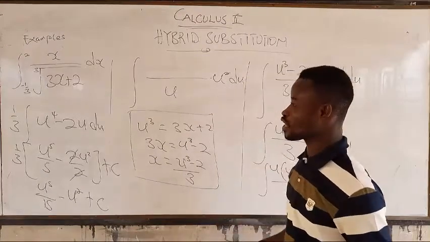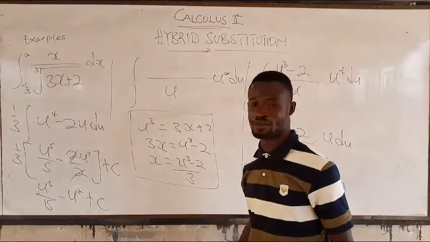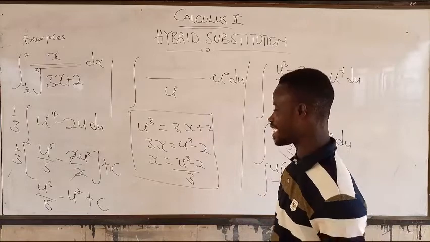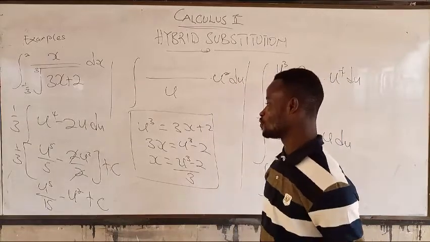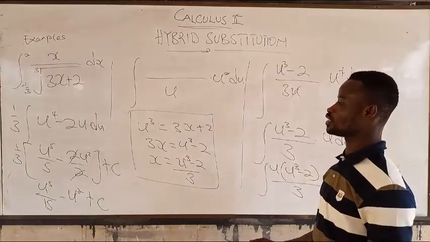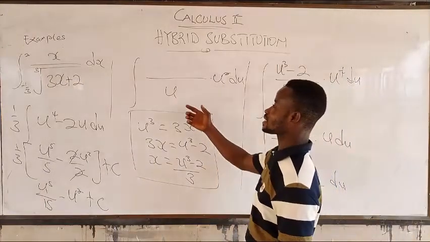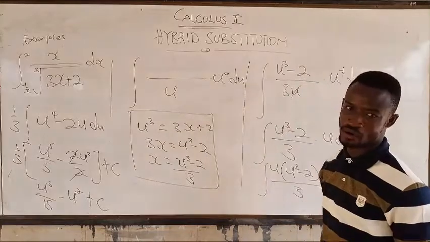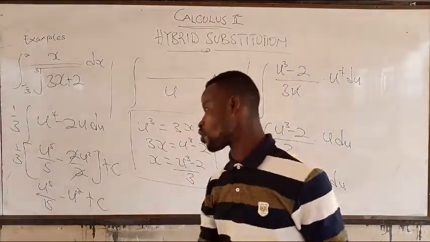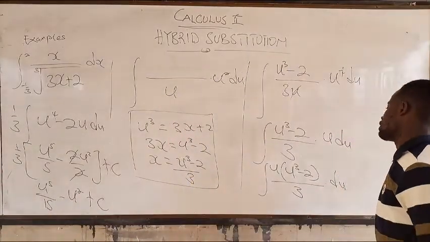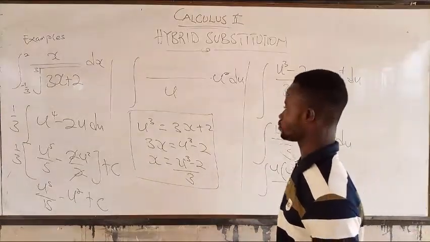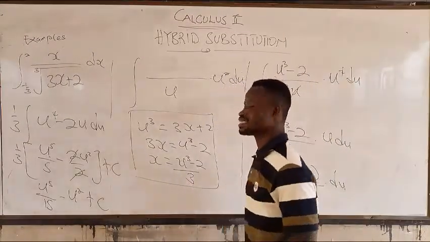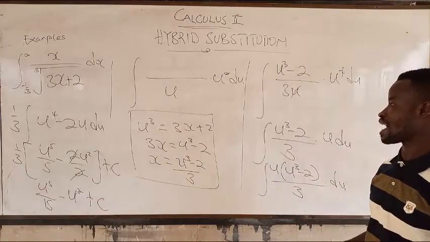But this is not the final answer. We need to go back and look for our u, because the question was given to us in terms of s, so we have to bring back our s. We know that u is equal to the cube root of 3s plus 2.